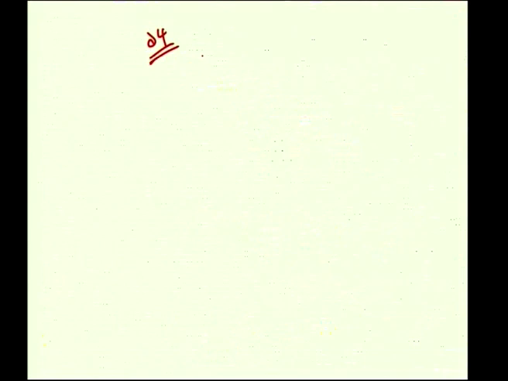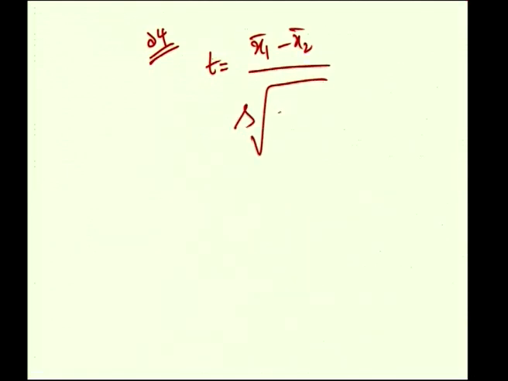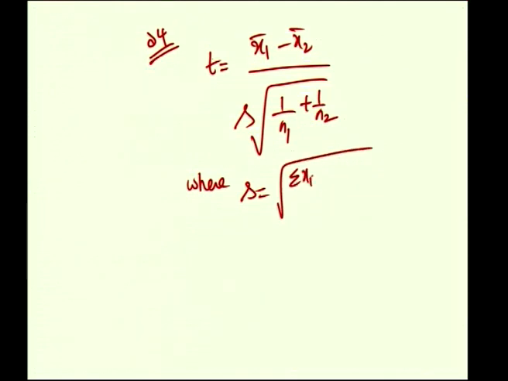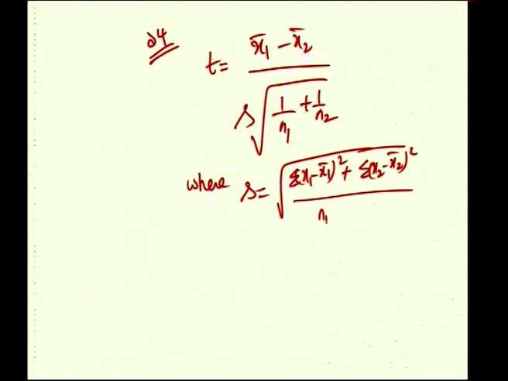Then step 4 is the calculation part. t is equal to x1 bar minus x2 bar by s into root of 1 by n1 plus 1 by n2, where s is equal to root of summation x1 minus x1 bar whole square plus summation x2 minus x2 bar whole square by n1 plus n2 minus 2.